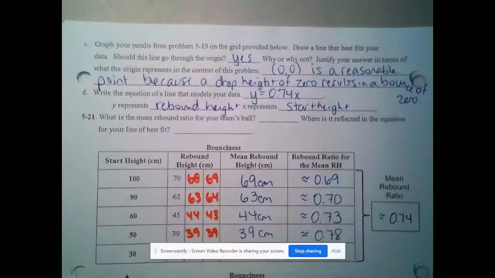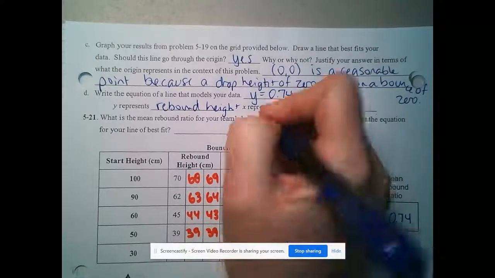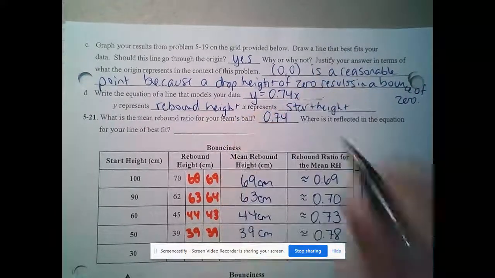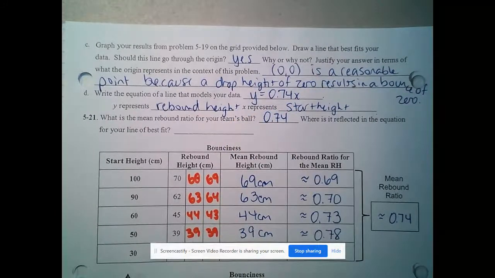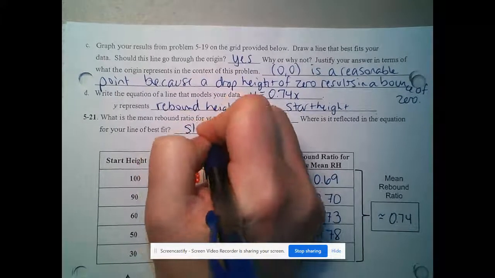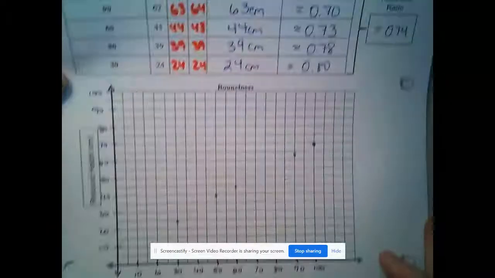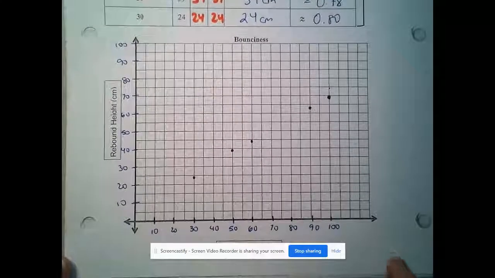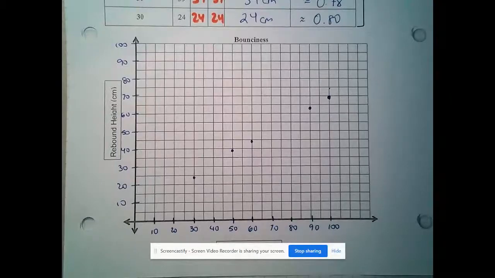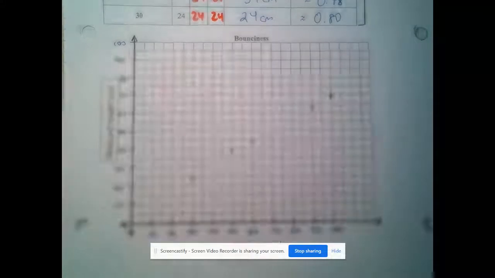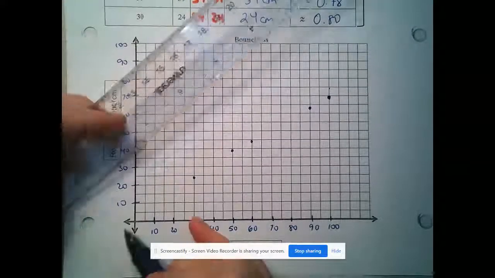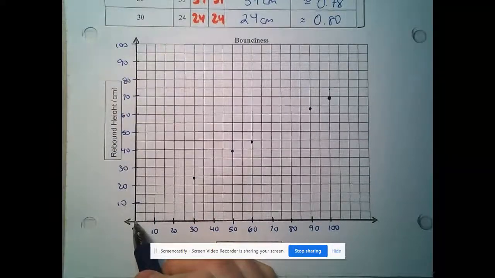And what is the mean rebound height for all of them? We said it was 0.74. That was the average. Where is it reflected in the equation of your line of best fit? It would be our slope. It would be our rise over our run. So if I want to go up here and I want to put in a fitted line of 0.74, I am going to specifically aim for going through 0, 0.